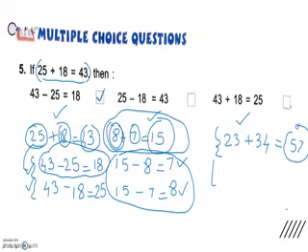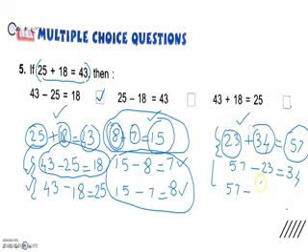That is, the answer 57 minus the first number 23 is equal to the second number 34. Similarly, we can also get the subtraction fact 57 minus the second number 34, then we will get the first number 23 as the answer.